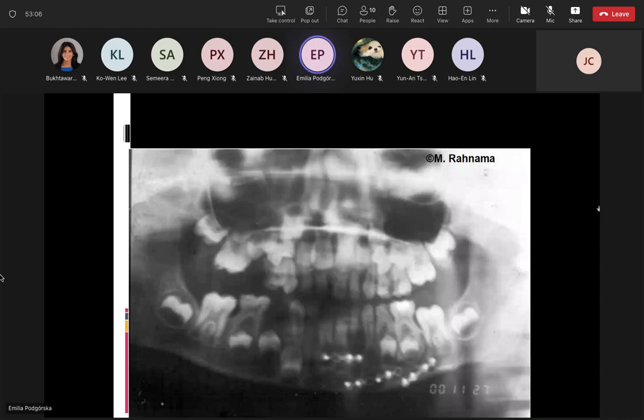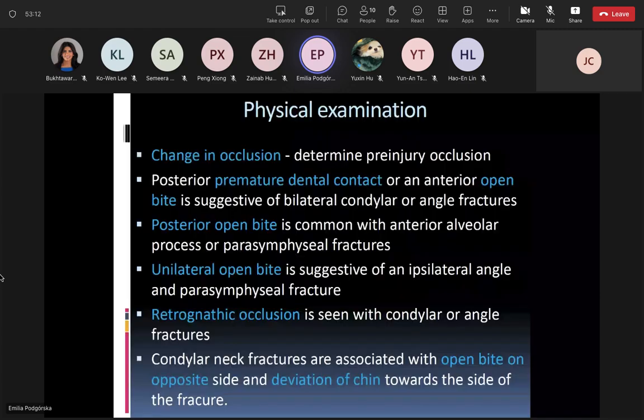Physical examination: change in occlusion. Determine any change in occlusion. Posterior premature dental contact or an anterior open bite is suggestive of bilateral condylar or angle fractures. Posterior open bite is common with anterior alveolar fractures or symphyseal fractures.